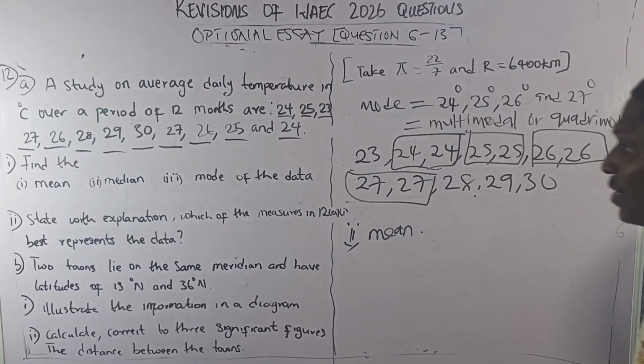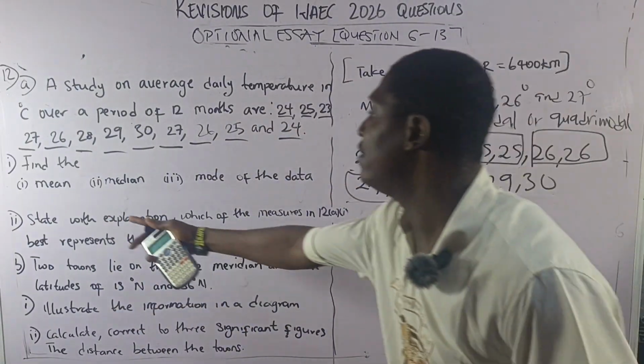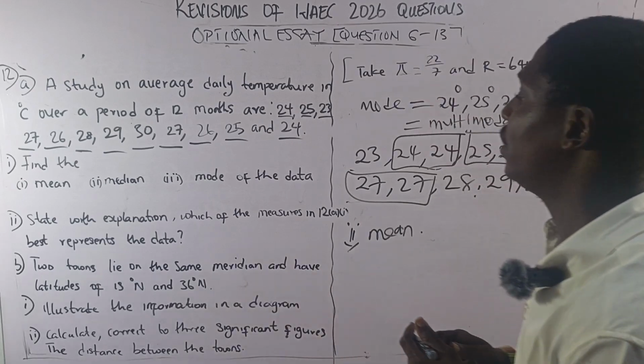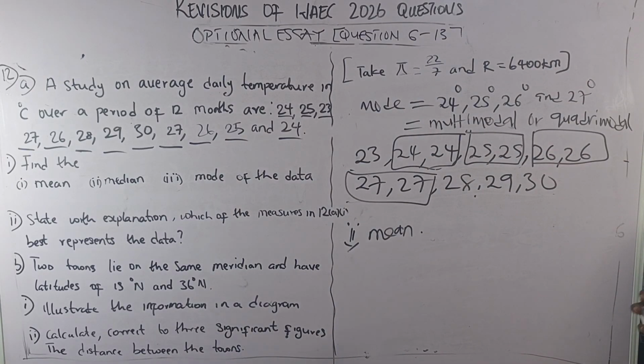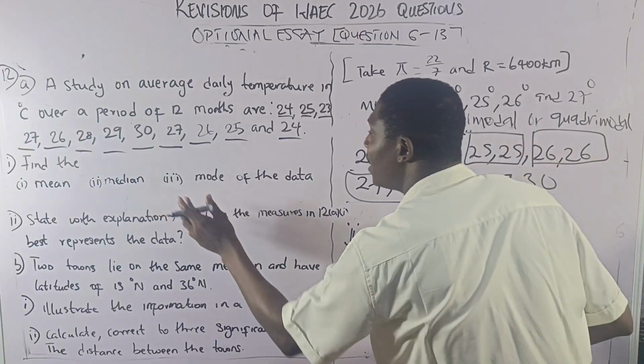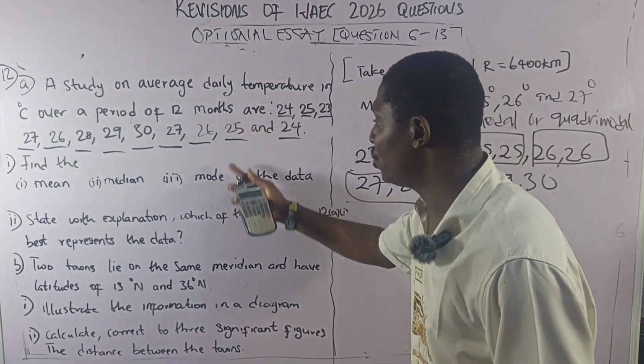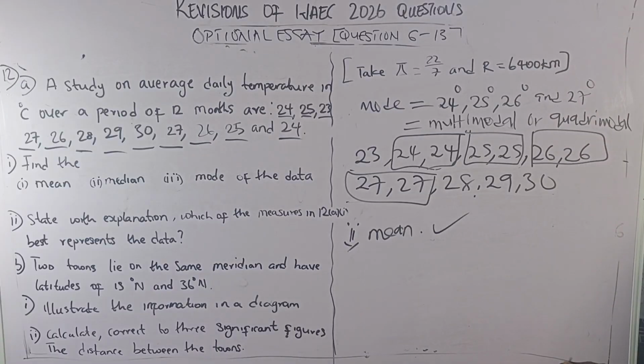So it's the best measure that represents the information using the mean, median, and mode. If we had something like standard deviation here, standard deviation would have been the answer. So relating to mean, median, and mode, the mean is the best measure for this data representation.